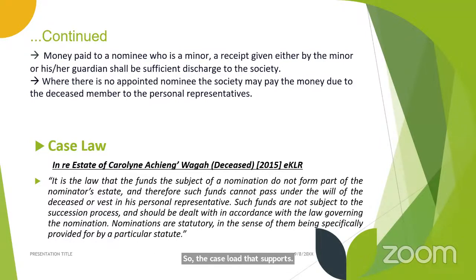So the case law that supports this... before I come to that, there's a confusion that people always think that any proceeds of a SACCO need to be handled through a succession dispute. That is not true.